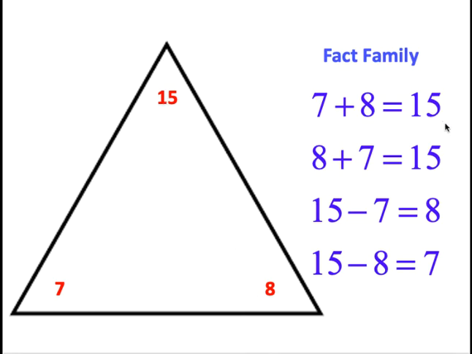Those are the 2 addition facts. And if you start at the top of the triangle and subtract the 8, you get the 15 minus 8 subtraction fact, and the solution, of course, is on the other side of the triangle. And you have the other subtraction fact, 15 minus 7 gives you 8, which is on the opposite side of the triangle. So again, instead of 4 flashcards with 4 separate math facts, you have one card that says it all.